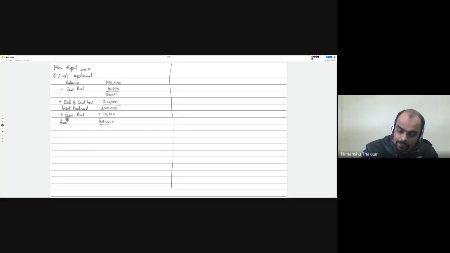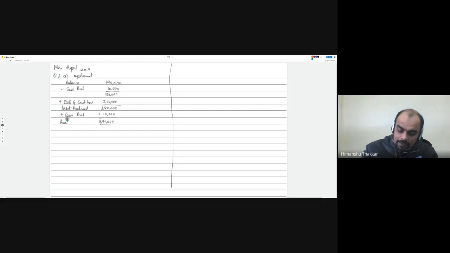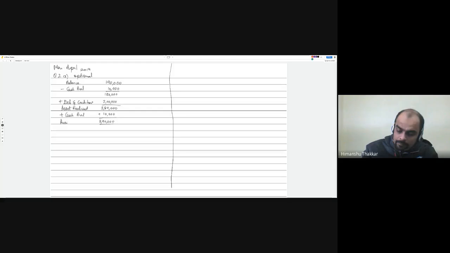Now we get the payments to be made. This is the amount that we have in our hand. Now we check whatever payments we have to make. Payments to be made. So we go in our order itself, right?